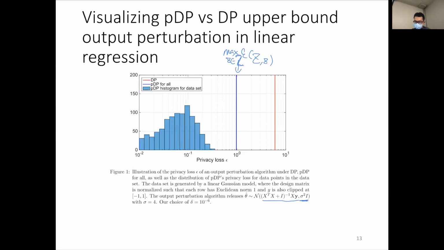So this is an upper bound that applies to all individuals, regardless of whether this individual is inside the data set or outside the data set. Even if this is outside the data set, it can be completely adversarially chosen, and this is really the worst case privacy loss that you should have calibrated the actual noise that you added to.